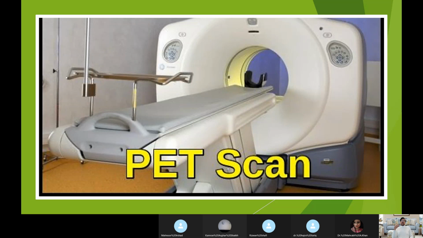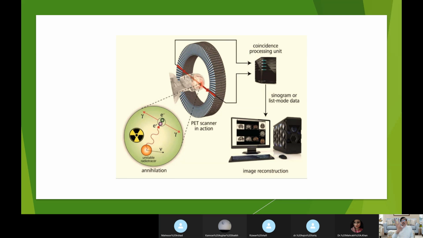Now, this is a PET machine. It's again the same. So Shaukat Khan in Lahore has a PET scan machine installed. I think Khan also maybe has a PET machine. I'm not sure, but I think it's there. So the PET machine is the positron emission tomographic machine. This is the machine.